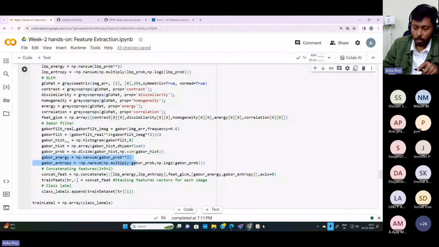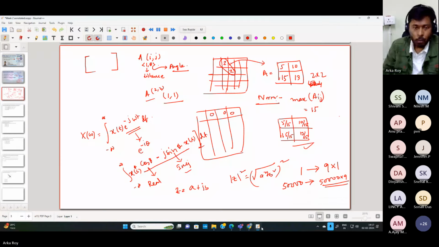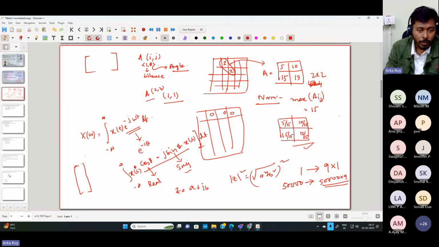So in Python, row, so for example, you have a vector like this. So this row is basically called axis 0 and column is called axis 1. So now you are concatenating in the row.